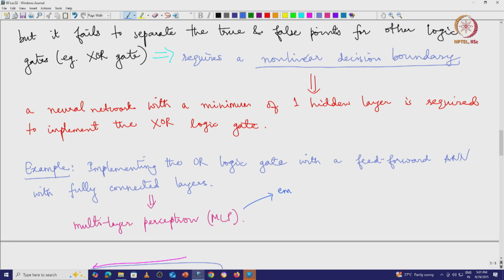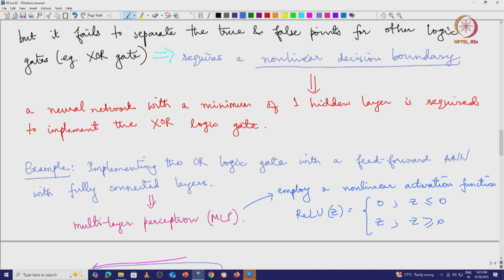So we will employ a nonlinear activation function, and the function we will choose is the ReLU activation function, the rectified linear unit, which is equal to 0 if the input z is less than or equal to 0, and it is equal to z itself if z is greater than or equal to 0.